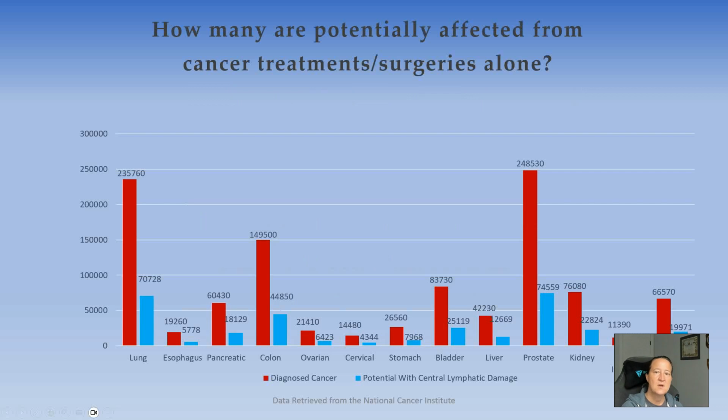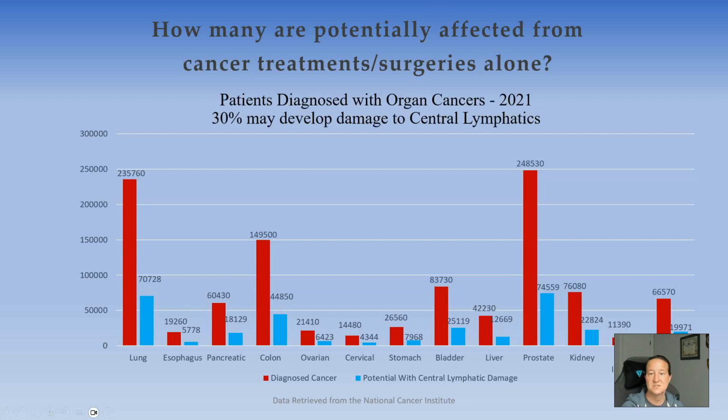And so I just take the cancer population as one segment of the population to look at. How many are potentially affected from cancer treatments and surgeries alone? This data was provided by the National Cancer Center, and in the red is diagnosed, the numbers diagnosed with these various cancers that run across the bottom of the graph, and then potentially how many of those ended up with a central lymphatic dysfunction.